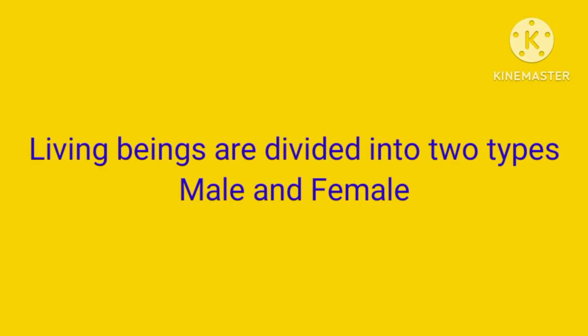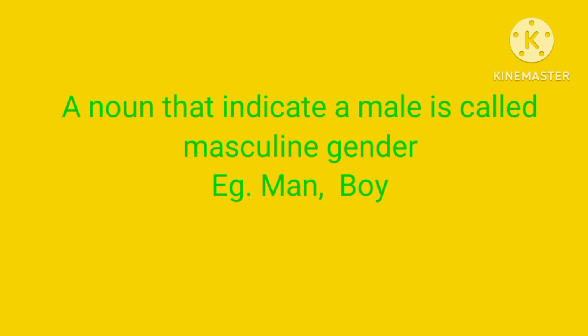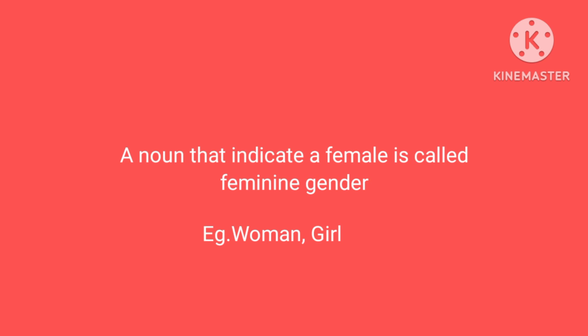Living beings are divided into two types, male and female. A noun that indicates a male is called masculine gender. Example, man, boy. A noun that indicates a female is called feminine gender.